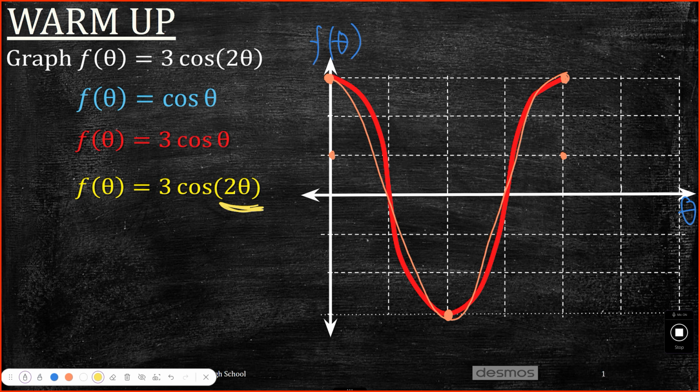So from 0 to pi, I will see 1 bird, and from pi to 2 pi, I'll see another bird. Okay? So let me do that then. Let me erase that. I already know that. Let me erase this.